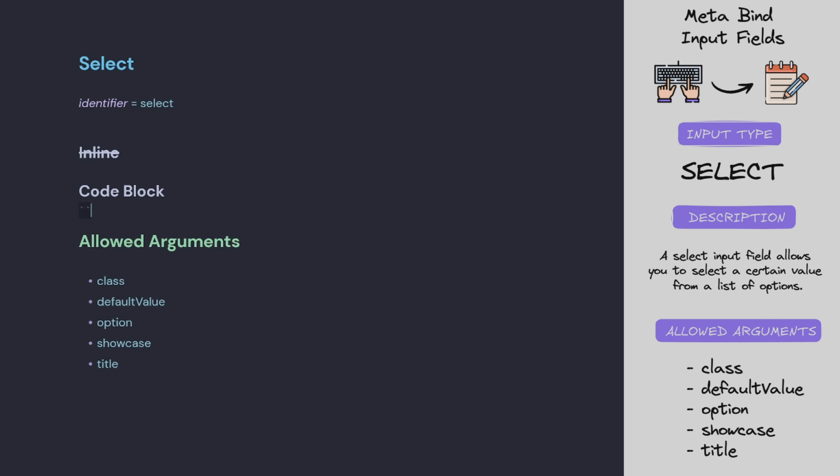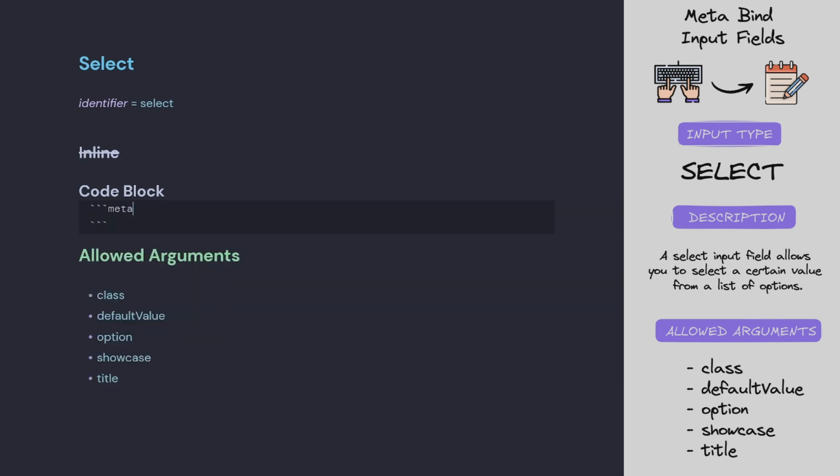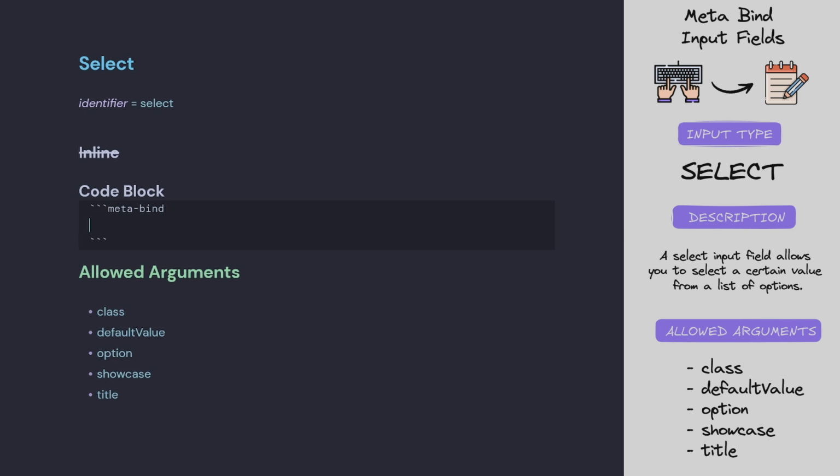We'll start with our 3 backticks, followed by metabind, and we put in input with our identifier select. Now we need to specify an argument to provide the input field with the values that we want to select from. So we'll put our parentheses, option, parentheses again, and then we just need to enter our options.